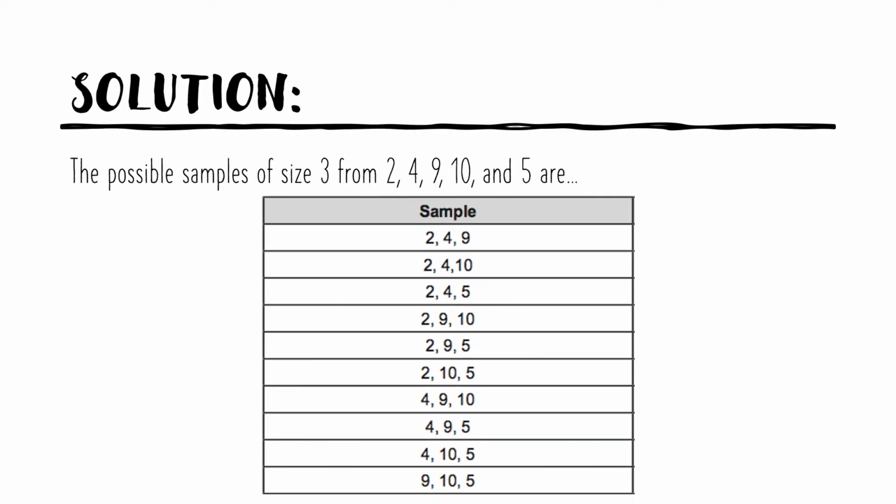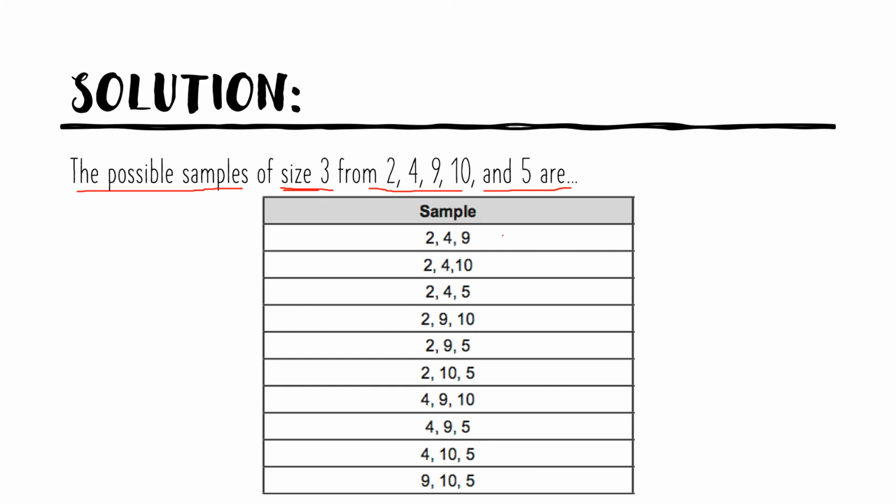So as part of our solution, the possible samples of size 3 from 2, 4, 9, 10, and 5 are the following. What are the possible combinations that we can get dealing with size 3?